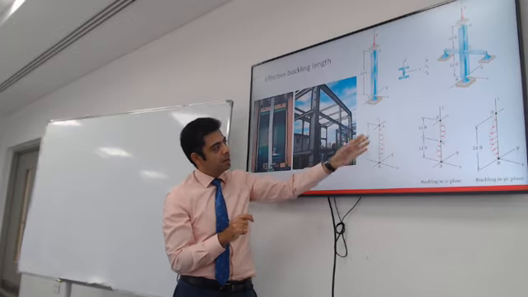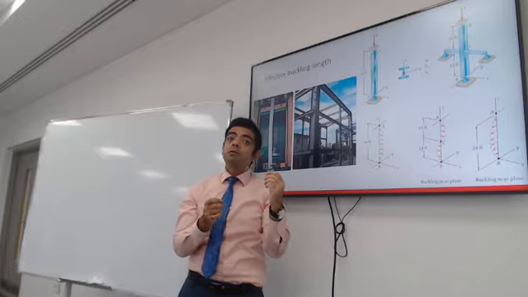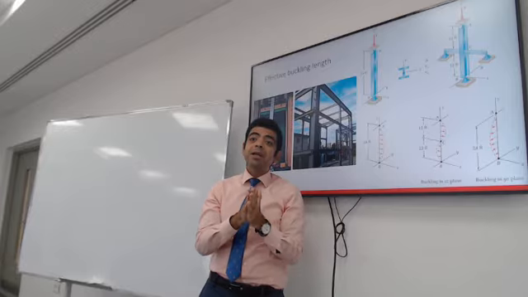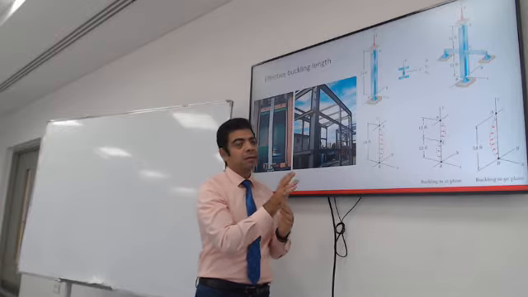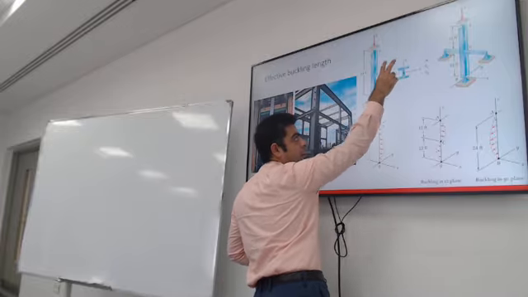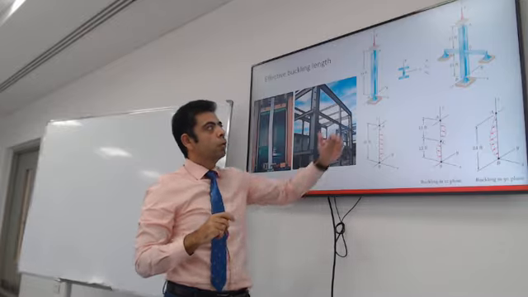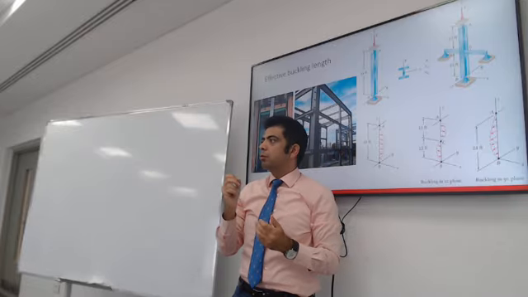Obviously, the column is going to want to buckle in the weak direction. What is the weak direction? How do we know if this column is weaker in the y or weaker in the x? We get it from the moment of inertia and from the radius of gyration.